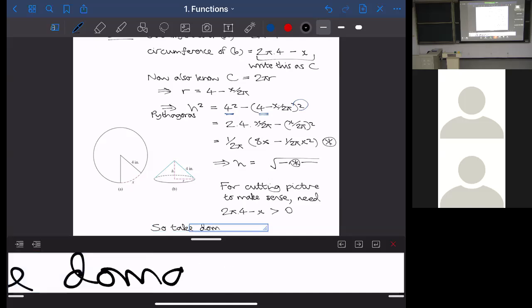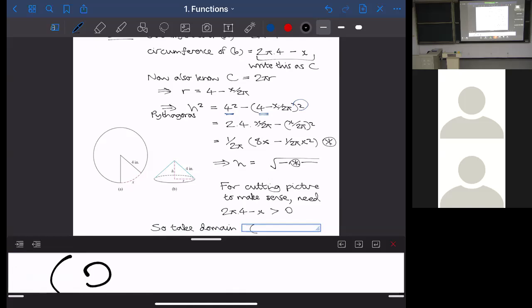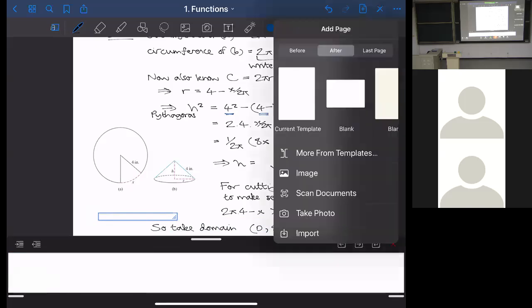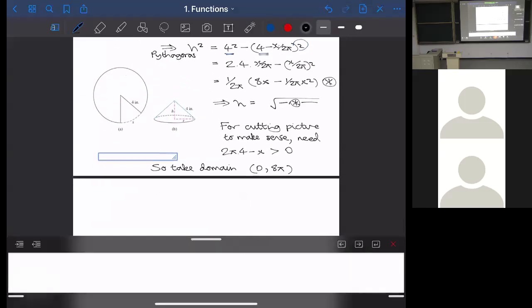So let's take domain (0, 8 pi). So this means that x is positive and the circumference of B is also positive. So the picture makes sense. So let me just write down what our function is.